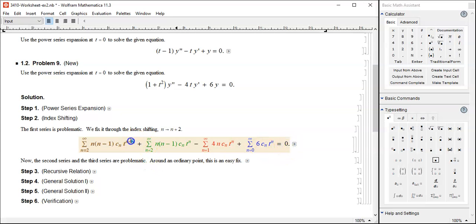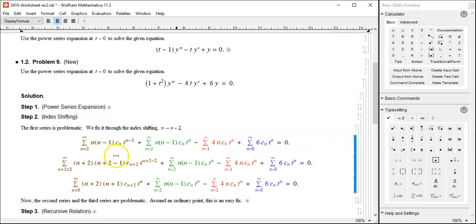How do we make this one into t to the nth power? By replacing n by n plus 2. What am I talking about? Here we go. N plus 2 minus 2, so that this whole thing becomes n, and that's the purpose. We want this whole thing to become t to the nth power.